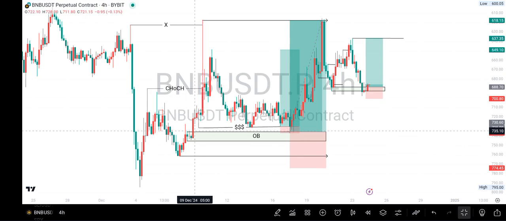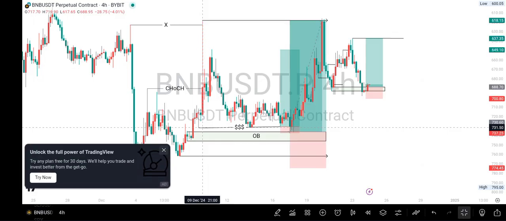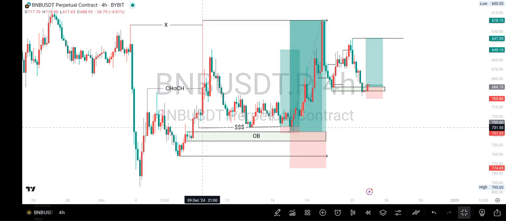Also, there is liquidity above the order block there. This is a swing low liquidity. In a bullish scenario, any liquidity around your bullish order block is either an equal low liquidity or a swing low liquidity.